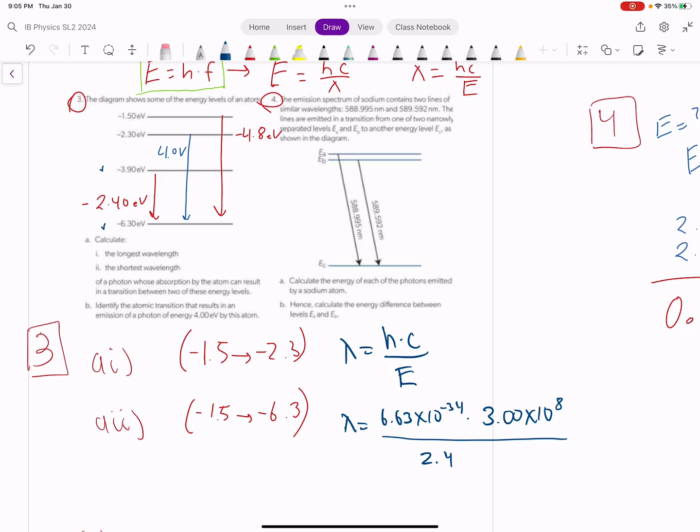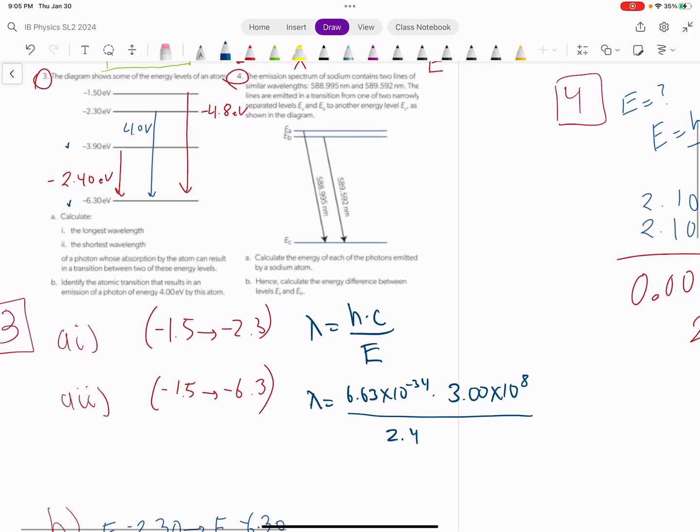Now, we don't really care about negative or positive numbers per se. Like, it's all relative. So in this case, because we're going from a higher level to a lower level, we're emitting energy. We're emitting energy and emitting a photon of light. So this is going to be a positive number. There really is no such thing as negative wavelength anyways.